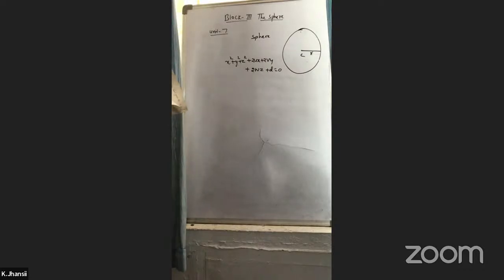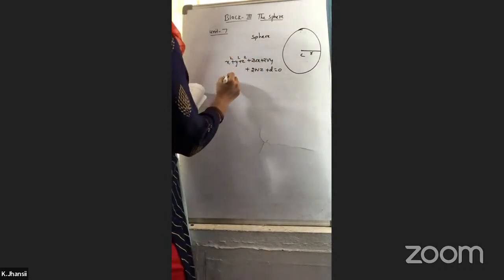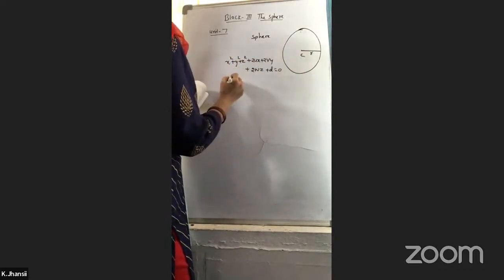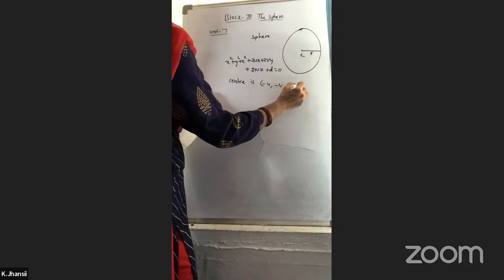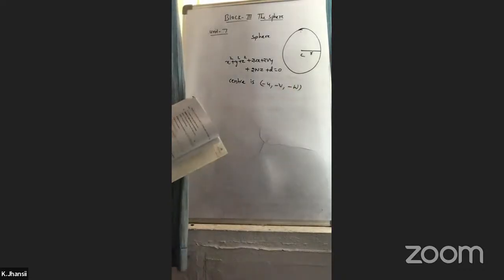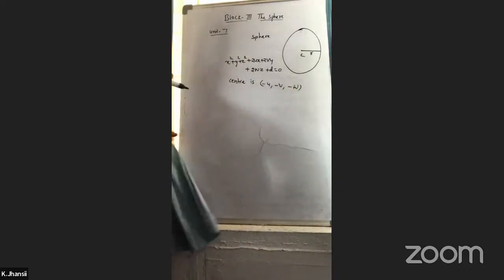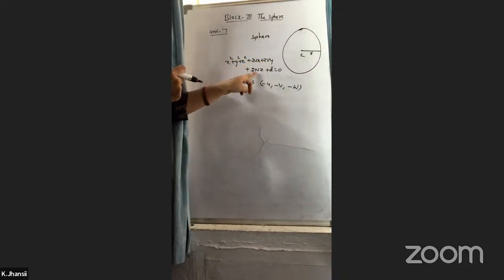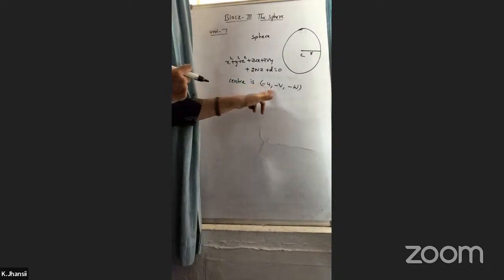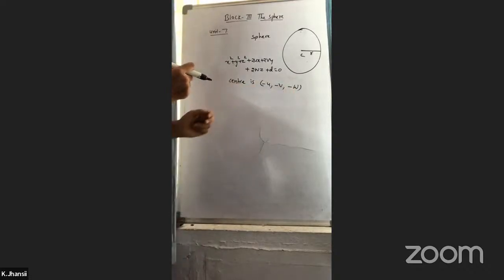The center of the sphere, C, is minus u comma minus v comma minus w. You have to remember this: in the equation we have plus u, plus v and plus w, but when we go to the center, it is minus u, minus v, minus w.